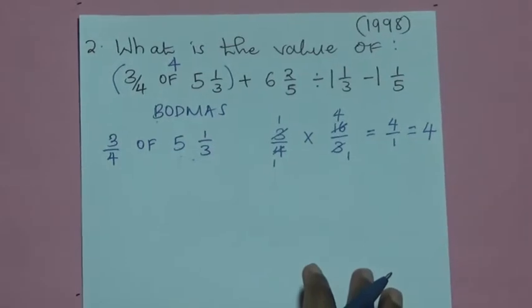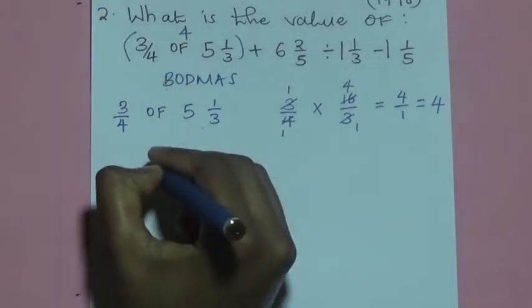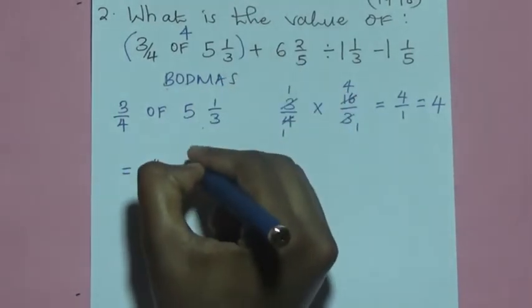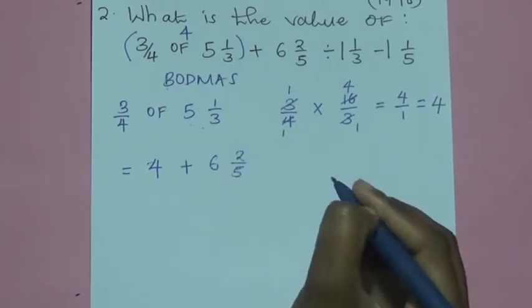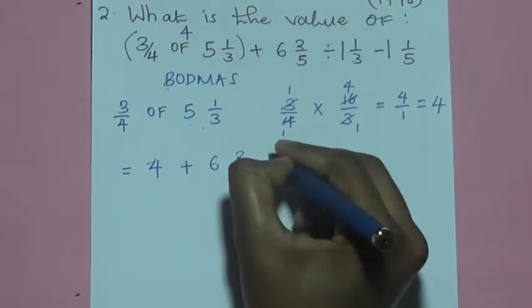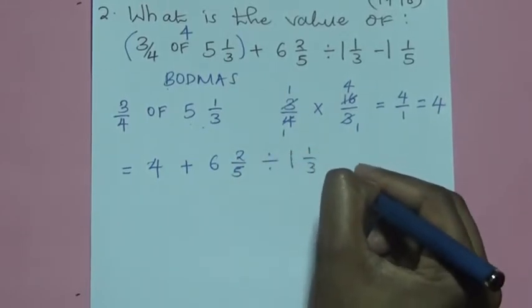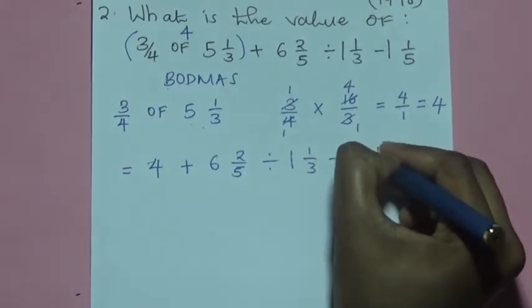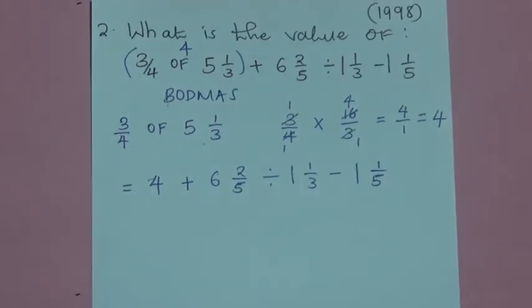Now we write down what we have. We are left with 4 plus 6 and 2 over 5 divided by 1 and a third, minus 1 and 1 over 5. Now we are done with "of".